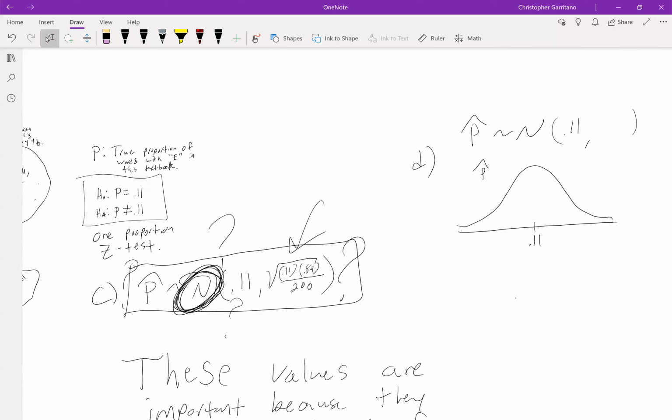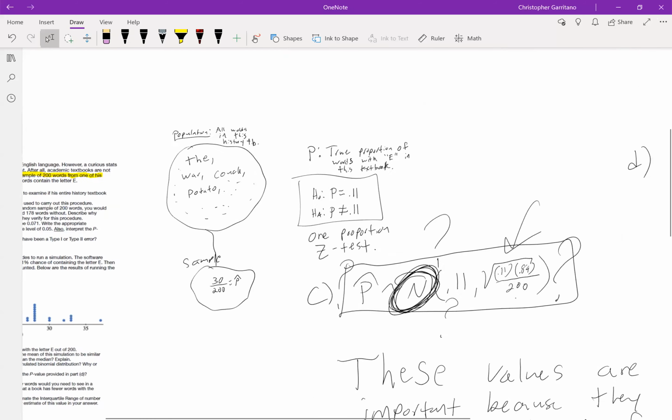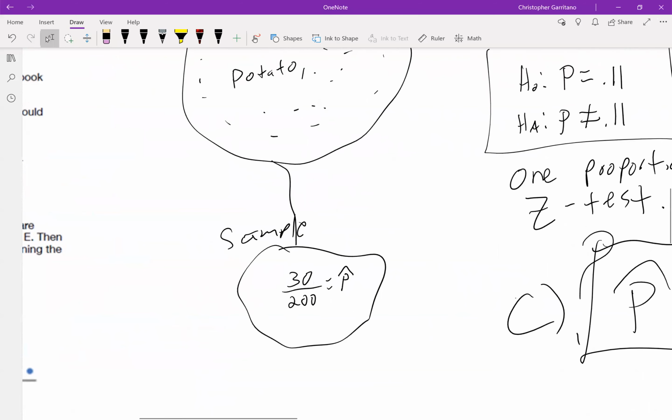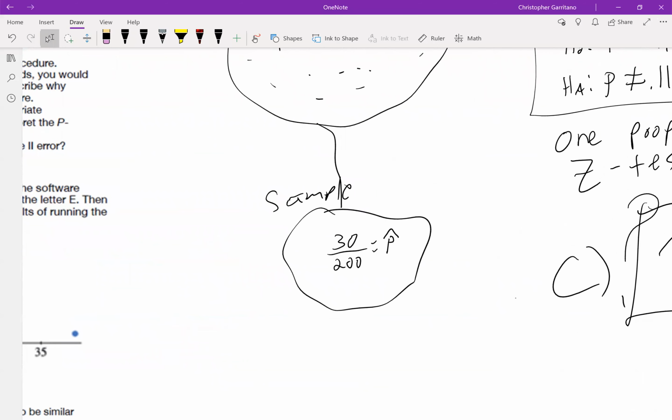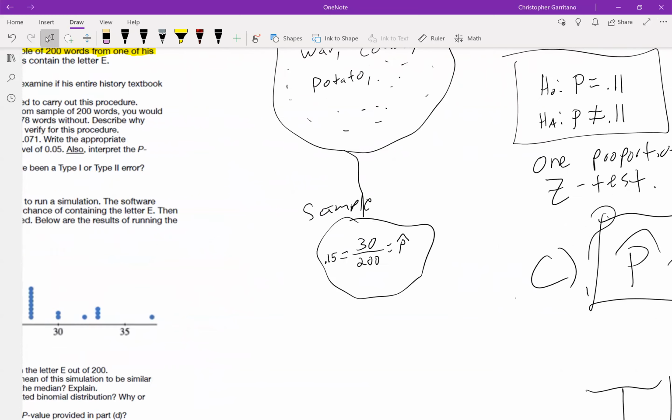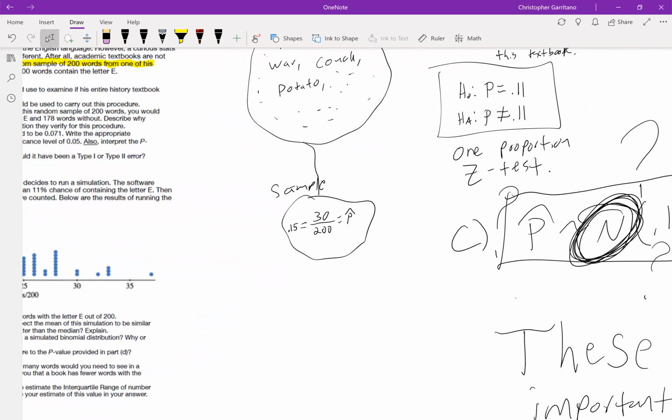Remember that our observed p-hat, our point estimate or sample statistic, was 30 over 200. And this gives us 15%. So I'll just write it as 0.15. That's our observed stat.